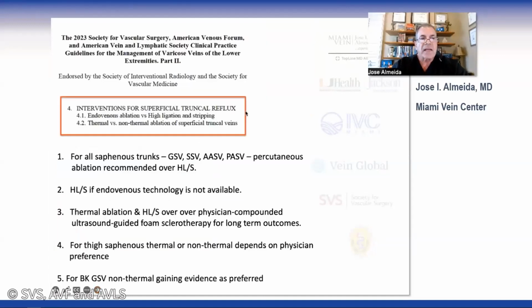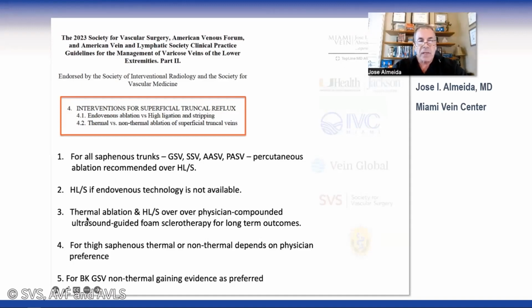As far as the guidelines and the evidence, four points just to discuss. For all saphenous trunks, these are the committee recommendations in the guidelines. Whether it be great, small, inter-saphenous, or posterior accessory saphenous veins, percutaneous ablation is recommended over high ligation and stripping. High ligation and stripping only if endovenous technology is not available or by physician preference.